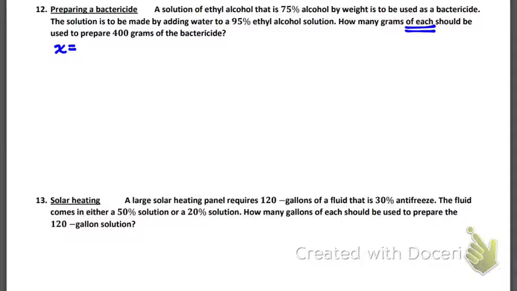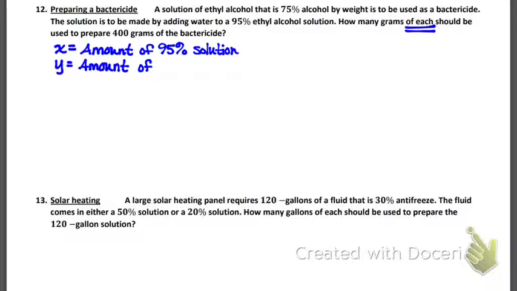So I'm going to let x equal the amount of the 95% solution, and I'm going to let y equal the amount of water. There are two things that I want out of my final product.